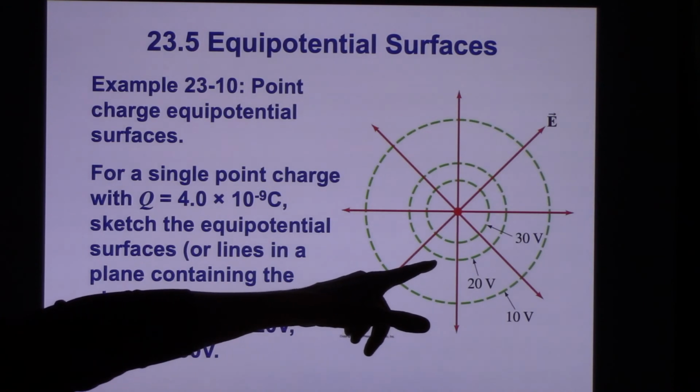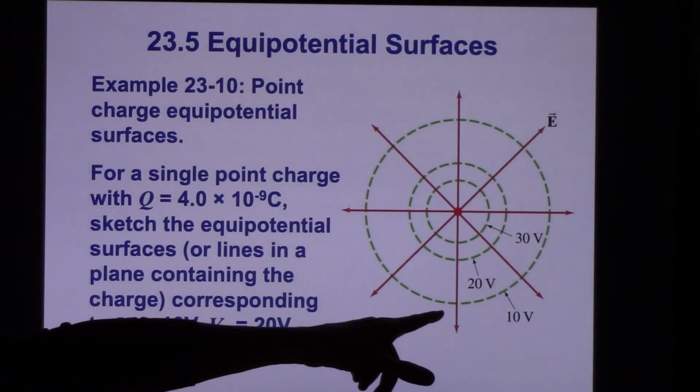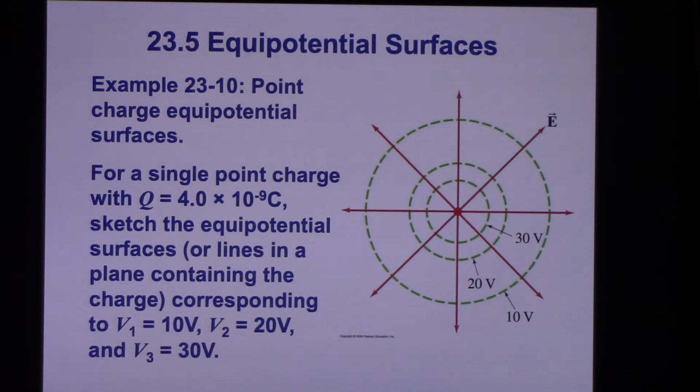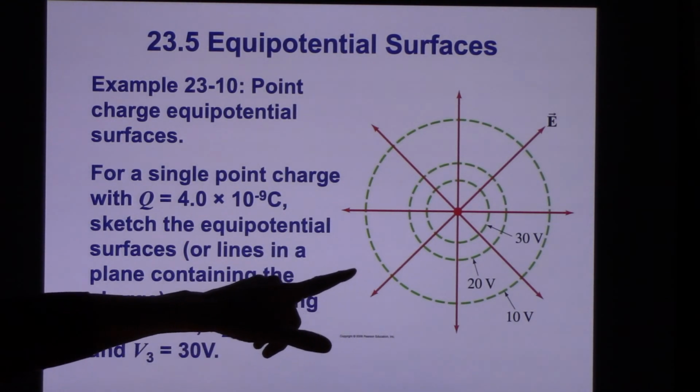And then here is a sphere that corresponds to a 20 volt equipotential surface, and here's the 10 volt. Now they're not evenly spaced, and that's because of the formula for this. Oh, they already did the problem for us. Well, we're going to go through and show what the distances are.